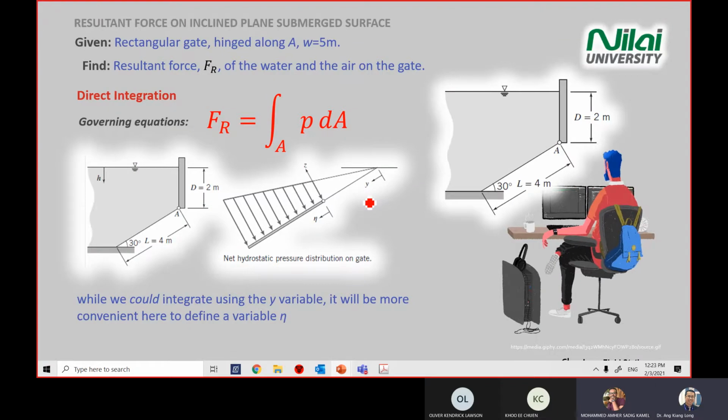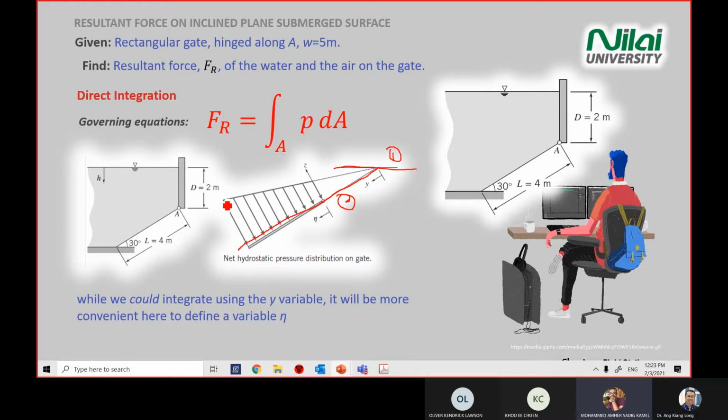Okay, the first step we have to draw the horizontal one. After that, the inclined one here, the second line. After that, we have to draw the lines of force acting on. So how do you get the shape?